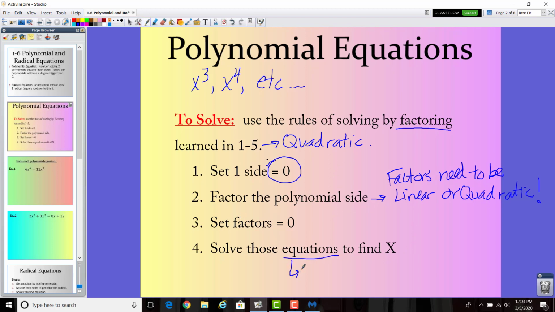Remember, these equations are either going to be linear, that's the first type of equation, or quadratic. When we solve quadratic, remember we have 3 methods: factoring, square root property, and the quadratic formula. Once you get to this, you'll have the option as to which one you want to use.